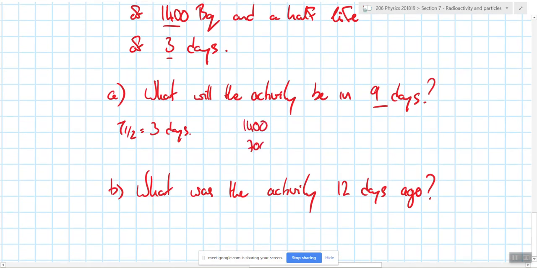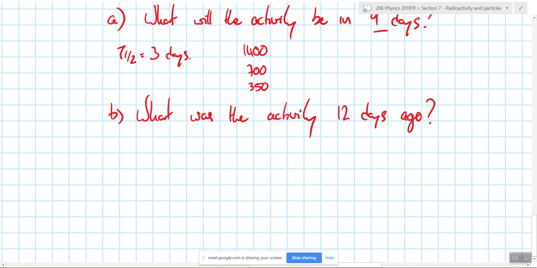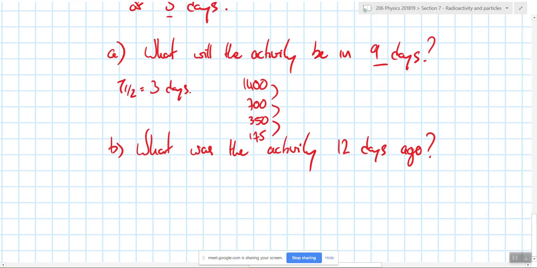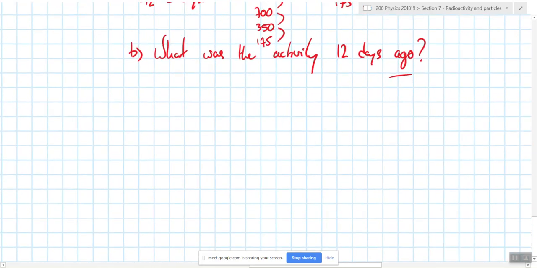And then we'd have 700, then we'd have 350, then 175. So that'll be 1 half-life, 2 half-lives, 3 half-lives, which will give us an activity of 175 becquerels.